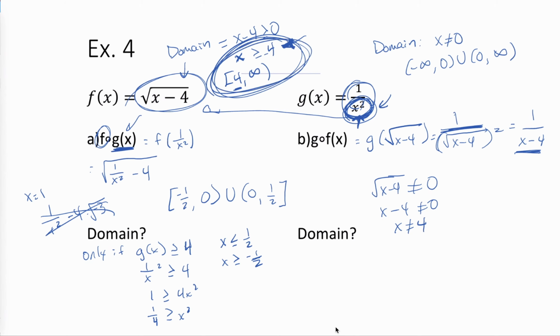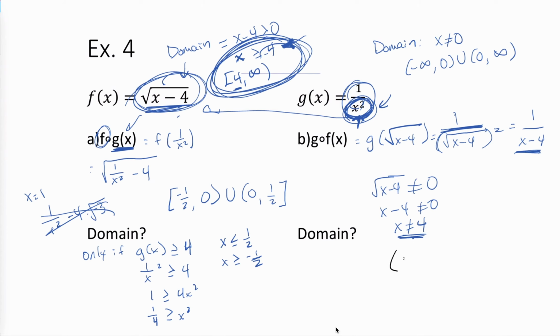So x can't be less than 4 because that doesn't fit into f of x, and x can't equal 4 because if we plug 4 into f of x, we get 0, and if we plug 0 into g of x, we get undefined. So the domain here is not a square bracket, right?